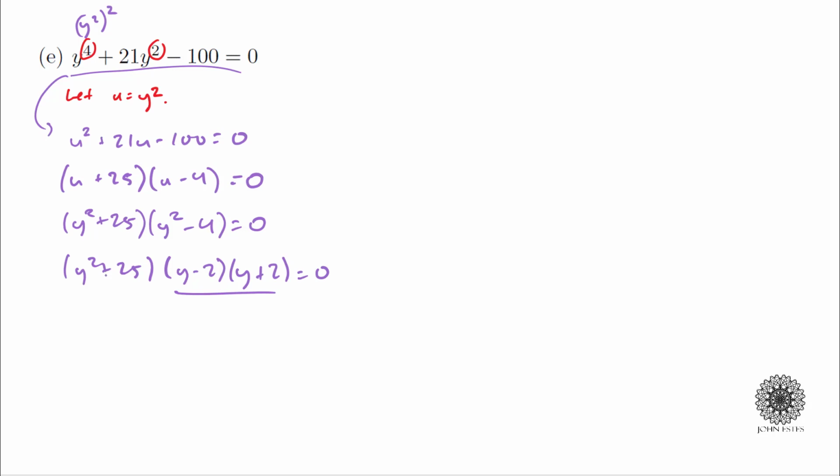Now, you cannot factor the sum of squares in the real numbers. So my only zeros, this will never be 0 in real numbers. So my only reals are y equals 2 and negative 2. And generally in calculus, we only consider the real numbers. But mathematics can get more general than that.